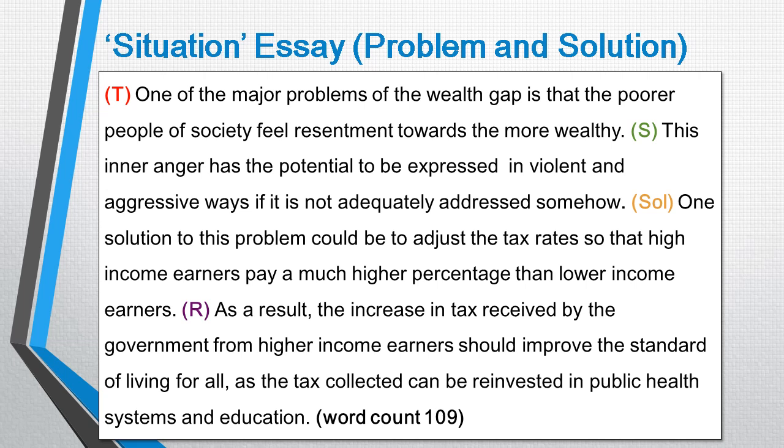So here I'm suggesting that this solution will lead to the following. "As a result, the increase in tax received by the government from higher income earners should improve the standard of living for all, as the tax collected can be reinvested in public health systems and education."